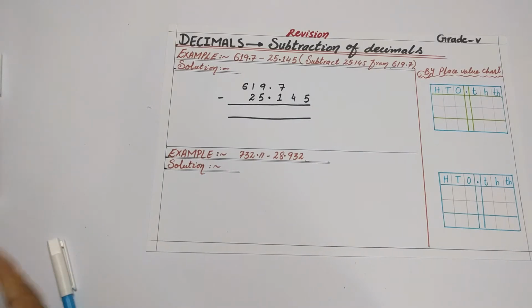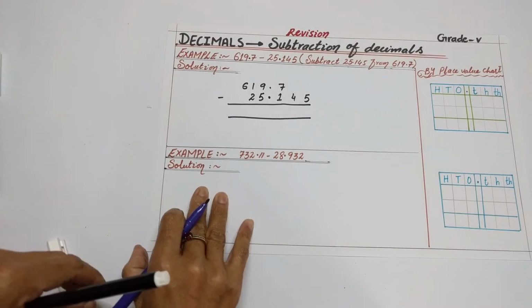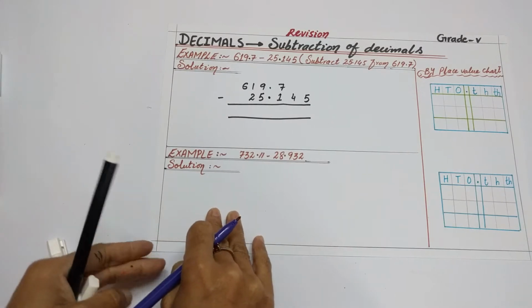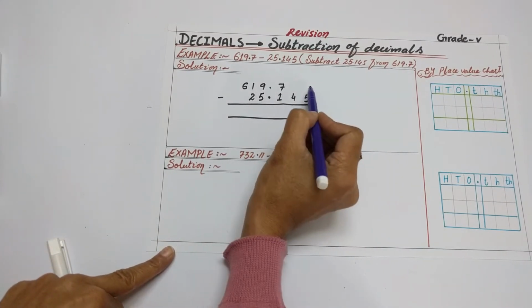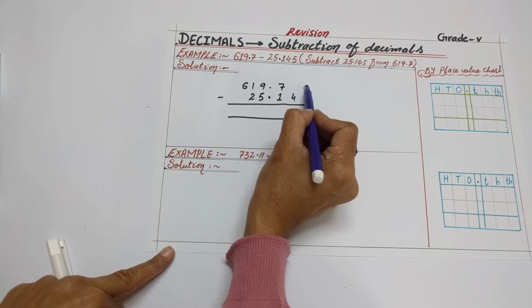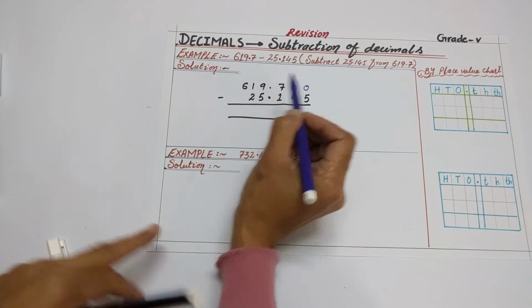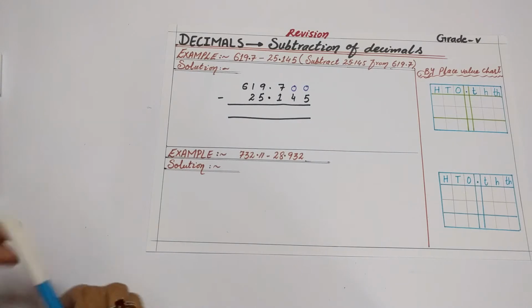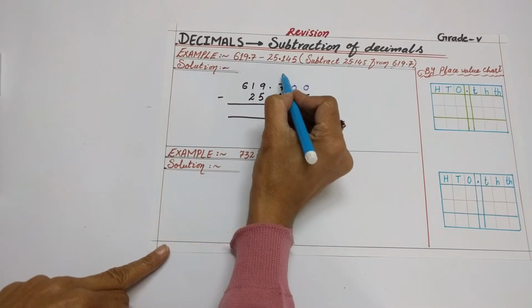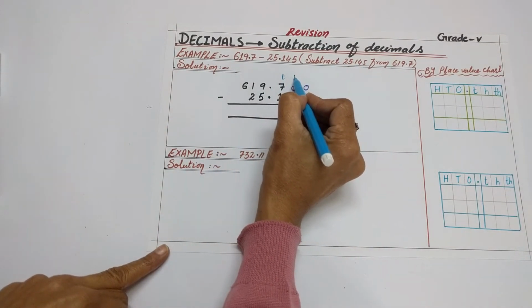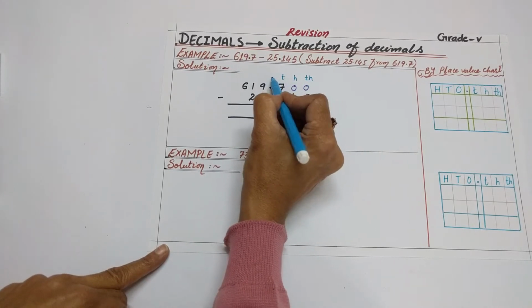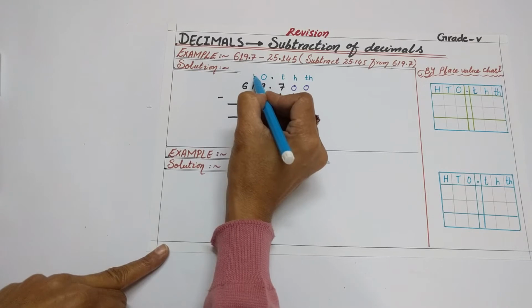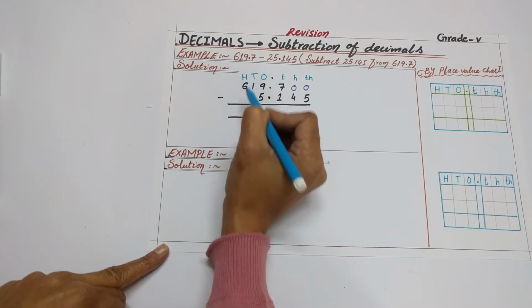Now as you can clearly see, places are missing, so this one is an unlike decimal. So firstly we will convert it into a like decimal by putting zeros. Why are we using 0? Because this one is our tenths place, this one is our hundredths place, and this one is our thousandths place, and then ones, tens and hundreds.